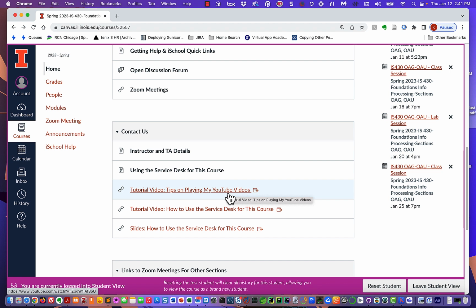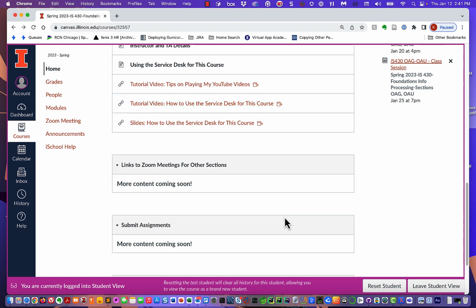So if you play the video that I'm pointing to now, it'll tell you how to speed up and change the speed depending upon the activity, and really have a good experience where you're in control. So please do play that. And these other sections are more content coming soon. I'll talk about those in class.